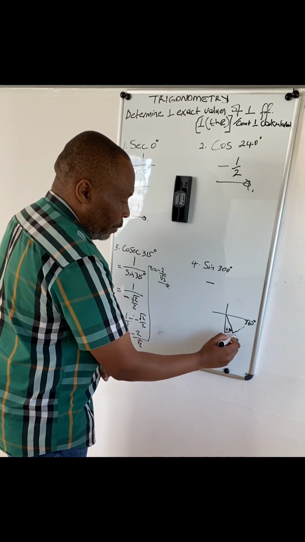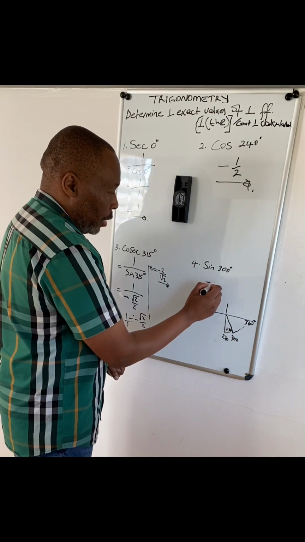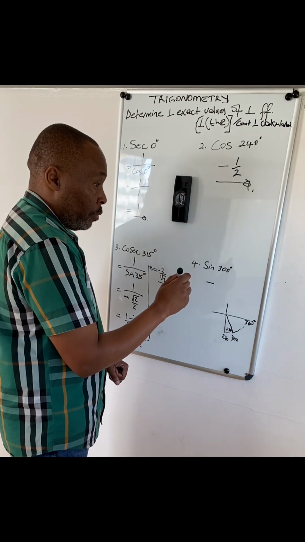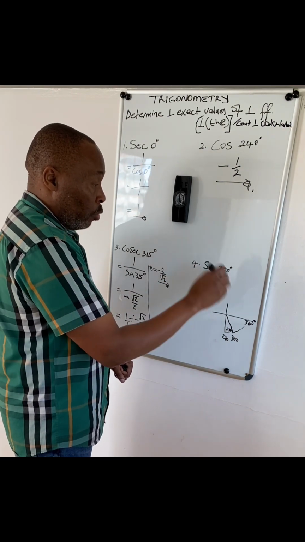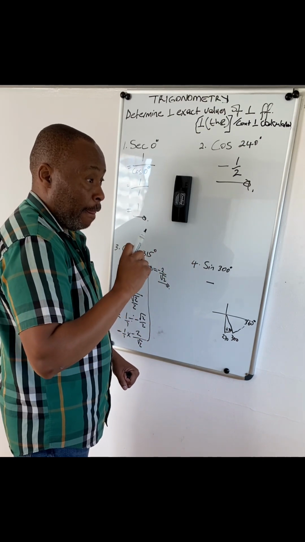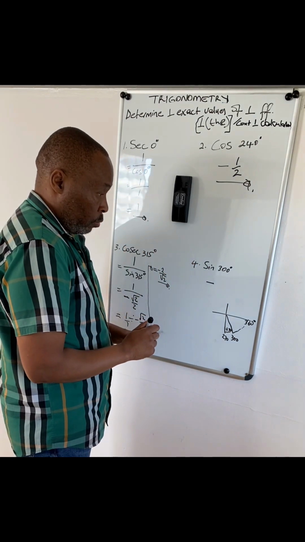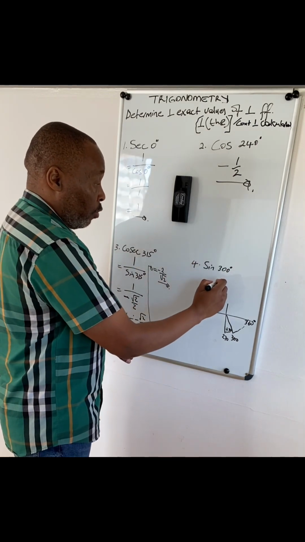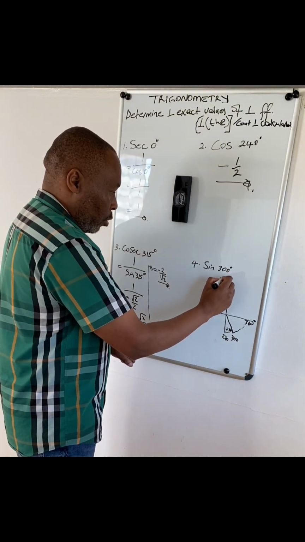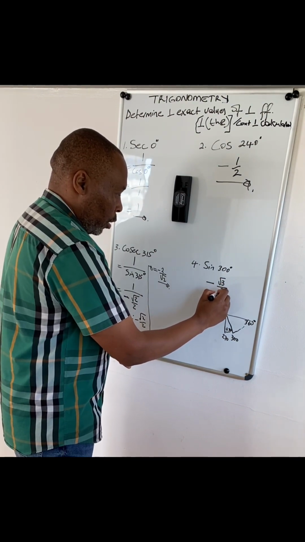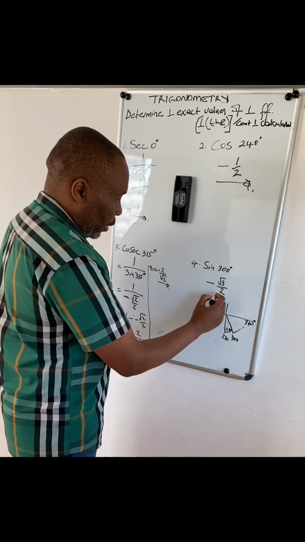The values here at 300: x is half, and y is root 3 over 2. Remember this, so it's minus root 3 over 2. This is the answer.